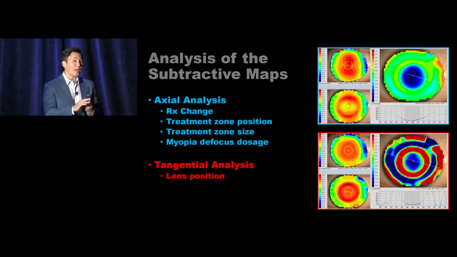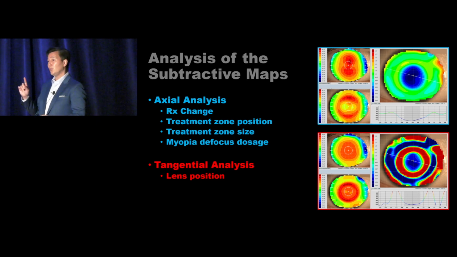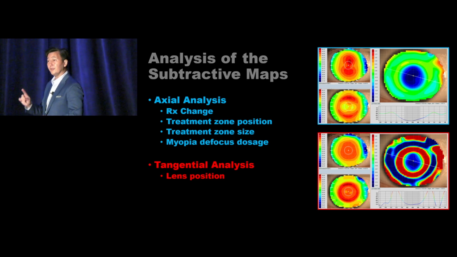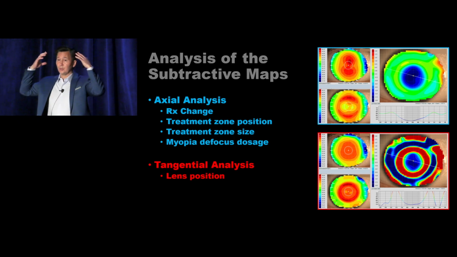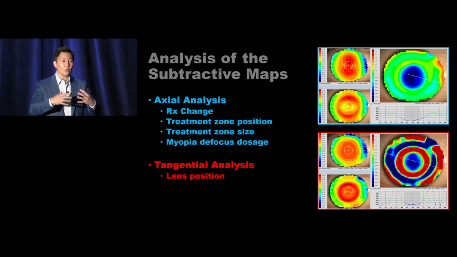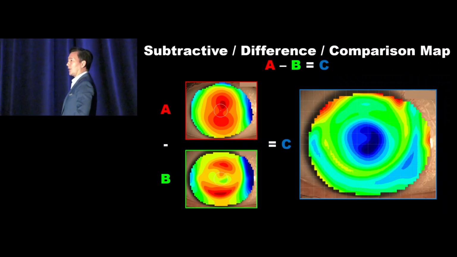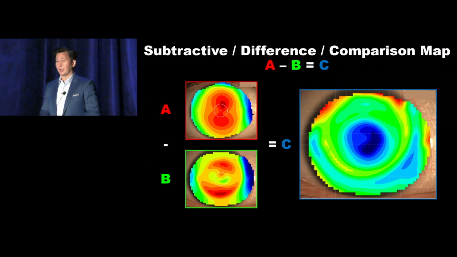So you get a lot out of your axial map. The tangential map tells you only one thing, but it tells you one very valuable thing. When the patient closed their eye over the lens at night, where did the lens position? So you use the 2 of those analyses to appreciate this whole plethora of data that you can collect from the maps. Now, we're going to talk a lot more about subtractive maps this afternoon, but I just wanted to introduce it a little bit.